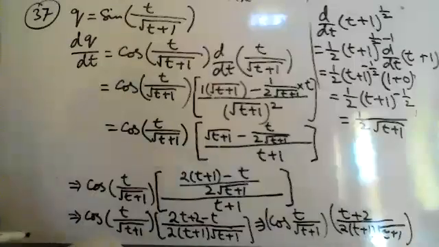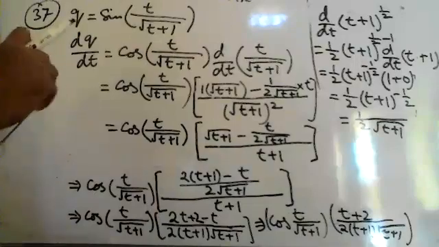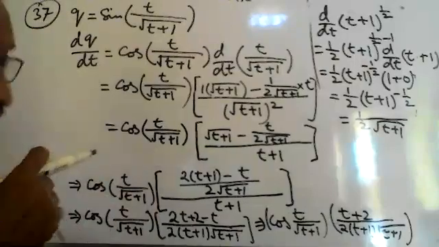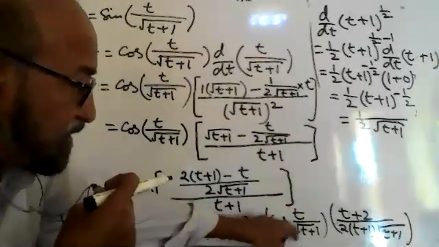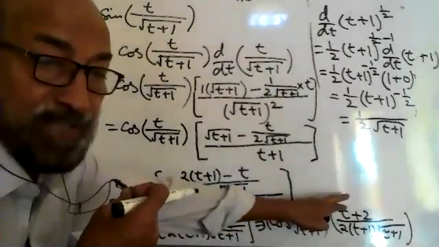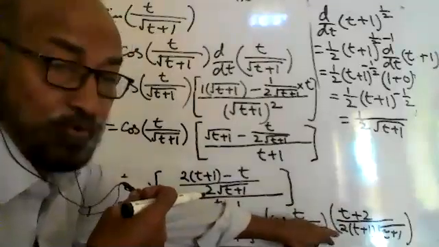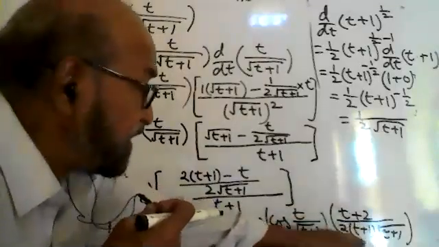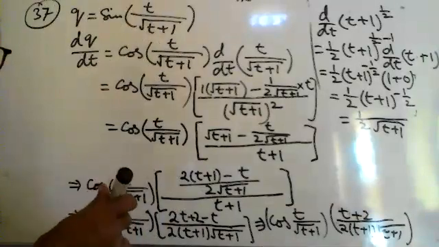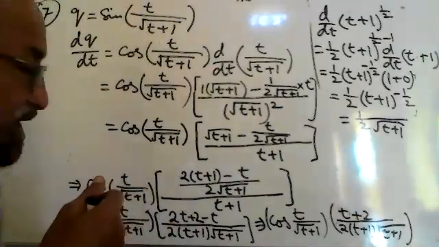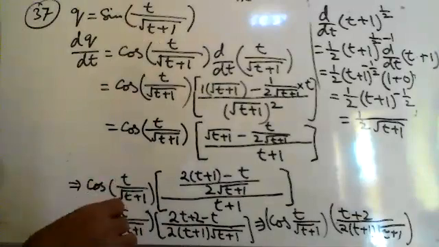This is the final answer. Cos t upon root t plus 1 into t plus 2 upon 2 into t plus 1 into under root t plus 1 into under root t plus 1. This is the final answer.